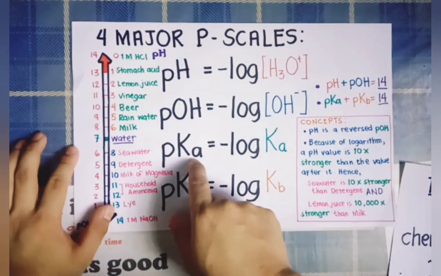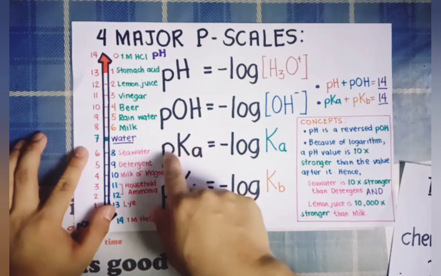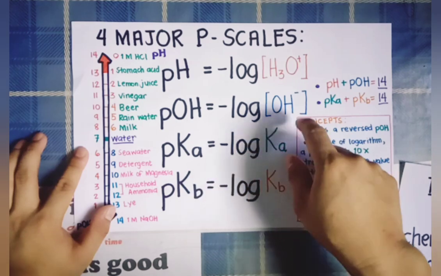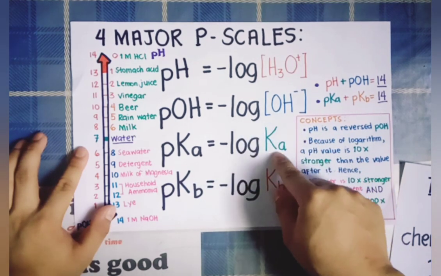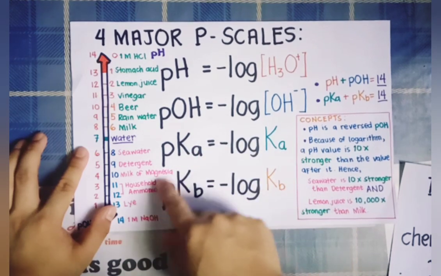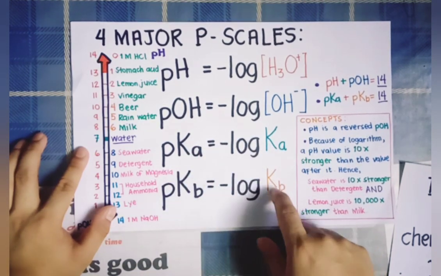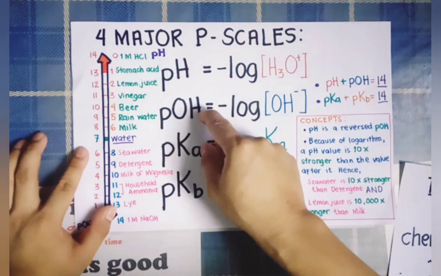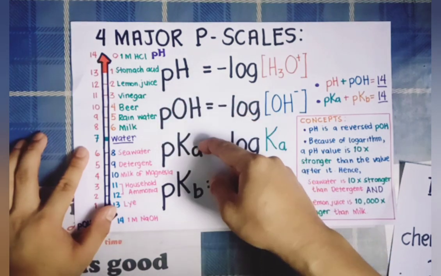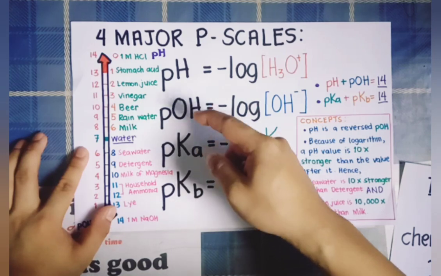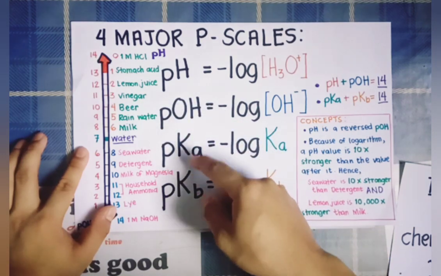We also have here the pKa, the power of dissociation constant for acid, and that is equivalent to negative logarithm of Ka, the dissociation constant for acid. And we have the pKb, the negative logarithm of Kb, or the dissociation constant for base. Now take note that pH and pOH are reverse of each other, and pKa and pKb are reverse of each other.